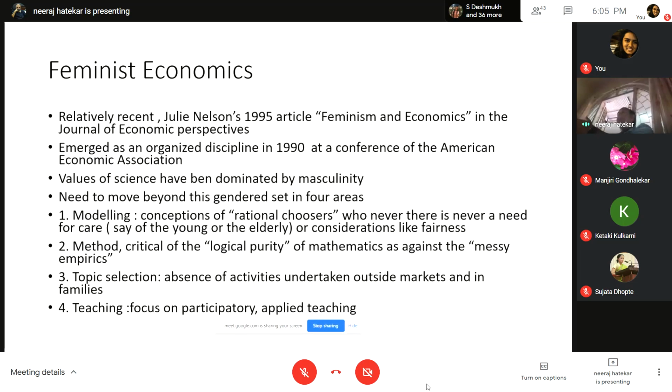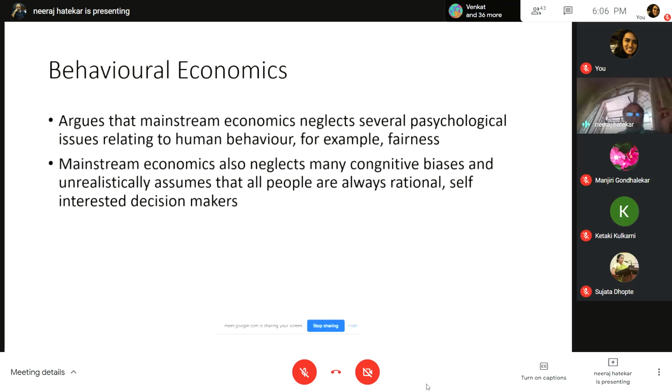For example, helping a student, a young Muslim girl who comes from Mumbai, understand what constraints she faces and how these constraints are different from constraints faced by somebody else. So teaching and learning happens where you actually create human capacities, and in this process, the teacher also transforms himself or herself, right? So it's that kind of teaching which feminist economics talks about.